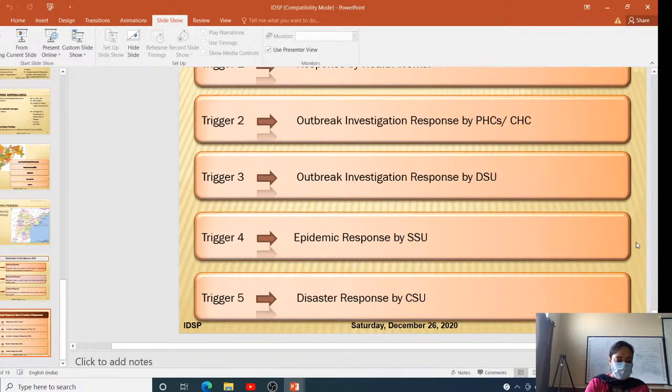Okay, then the list of international travelers who arrived in India between December 9 to December 23rd will be shared with respective state and district surveillance officers for daily follow-up till 14 days after their arrival in India.